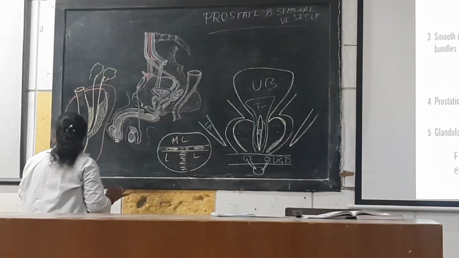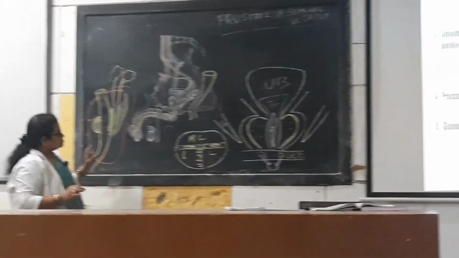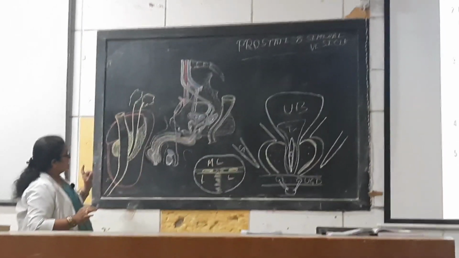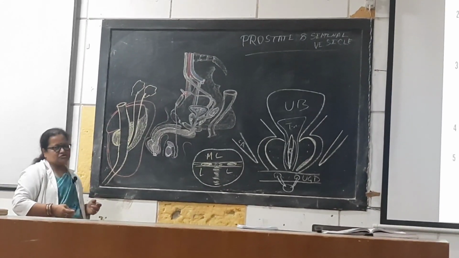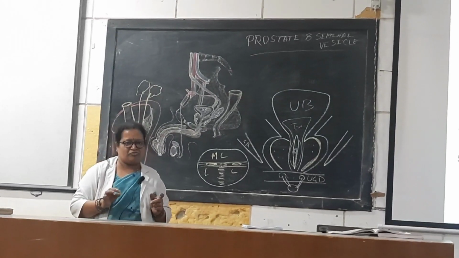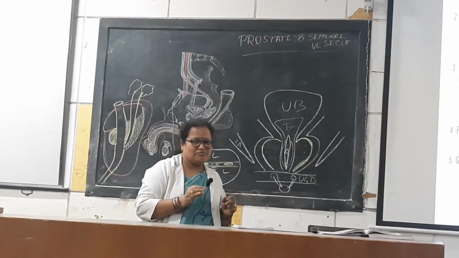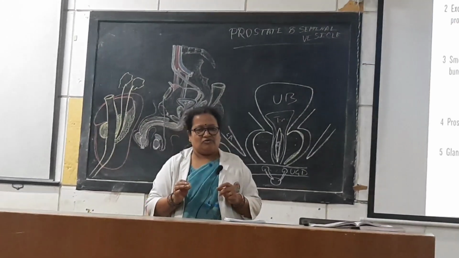Coming to the histology, the prostate is glandular in nature, and it is made up of three components, so we call it fibromusculoglandular. Why?